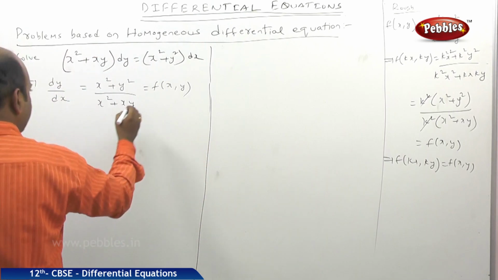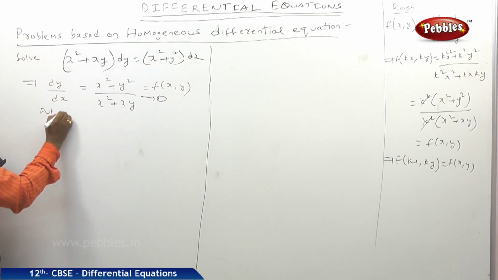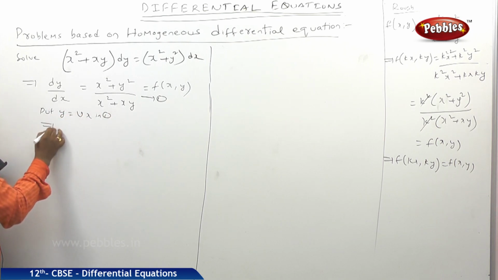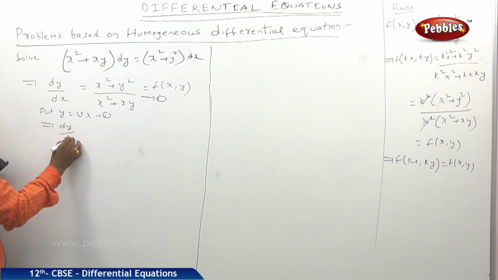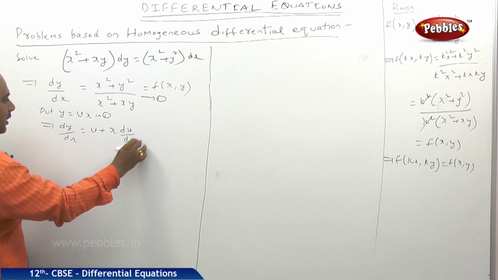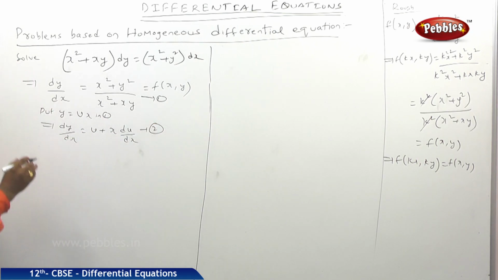So if I call this as 1, I will put y is equal to vx in 1. If I put y is equal to vx in 1, dy by dx is equal to v plus x into dv by dx. So this I call as 2.